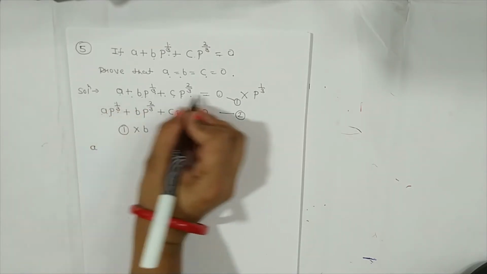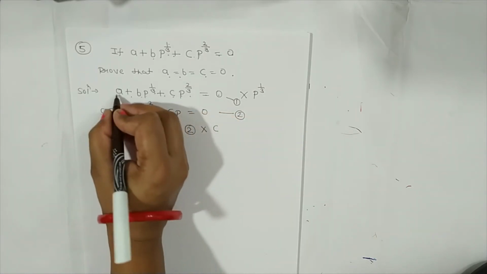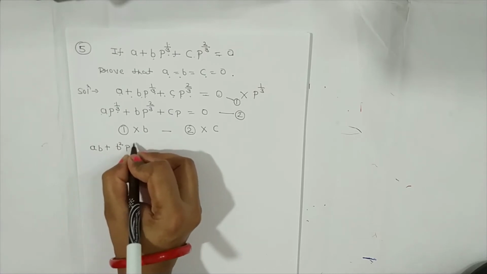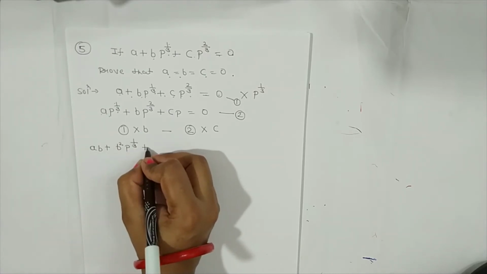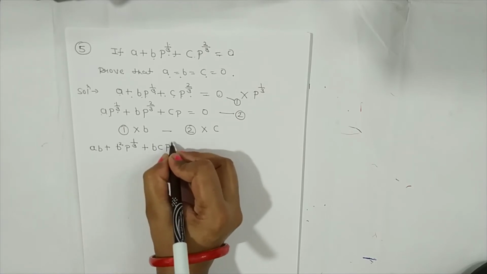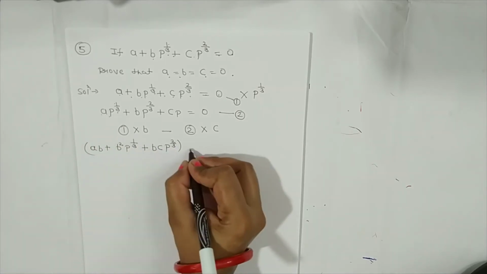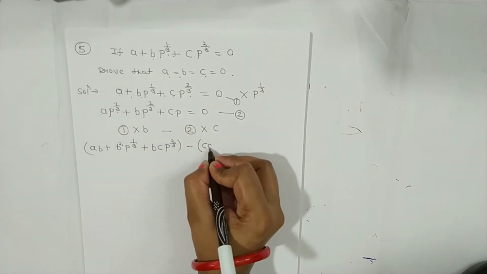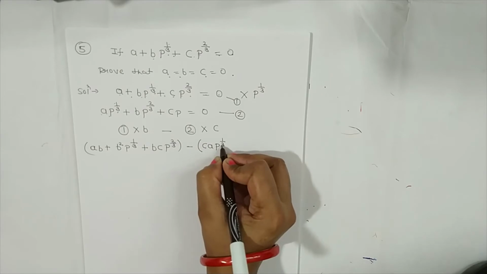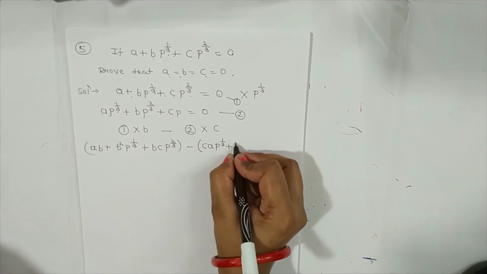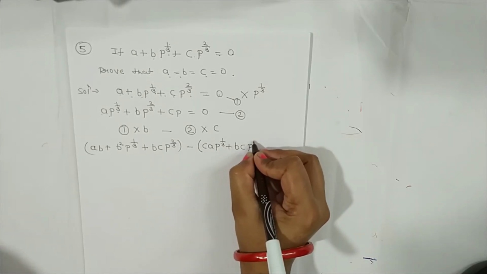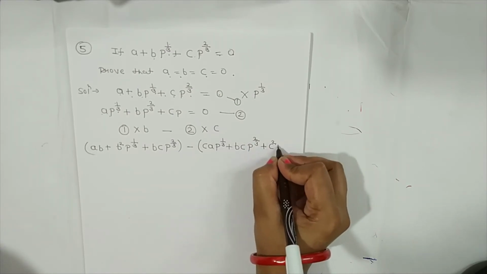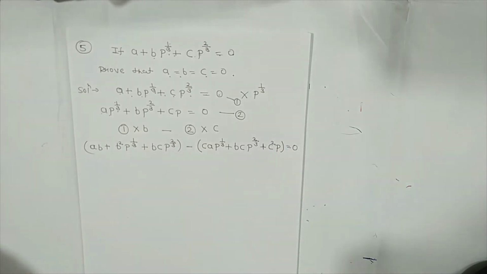Here we are multiplying by b, so it will be ab plus b square p to the power 1 upon 3 plus bc p to the power 2 by 3, then minus, ca p to the power 1 by 3, then bc p to the power 2 by 3, then plus c square p is equal to 0.